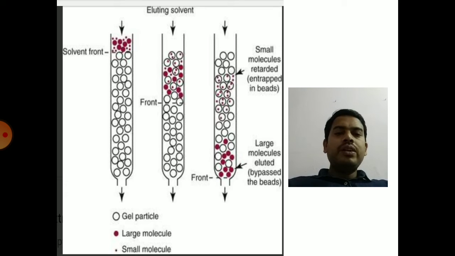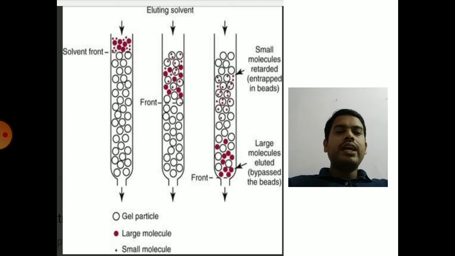Large molecular weight proteins travel in the spaces between the gel beads of the stationary phase, whereas small molecules will enter into the gel beads. So larger molecules will come out faster, whereas the smaller molecules will be retained for some time in the gel, that means they are eluted out of the gel after some time.